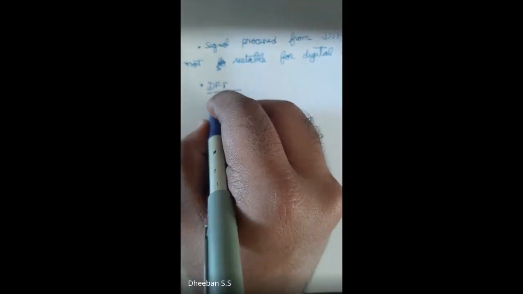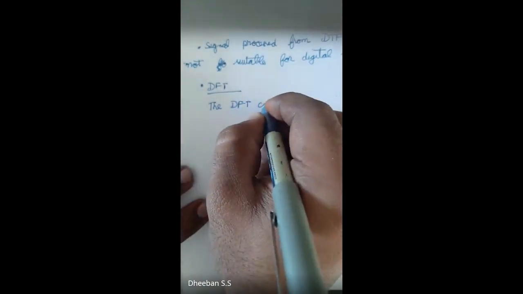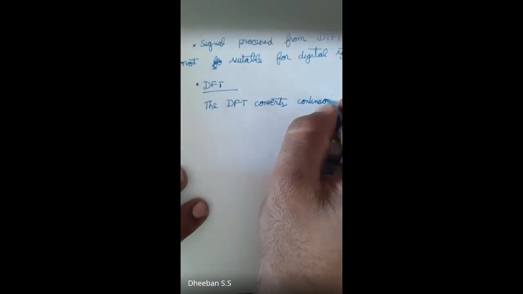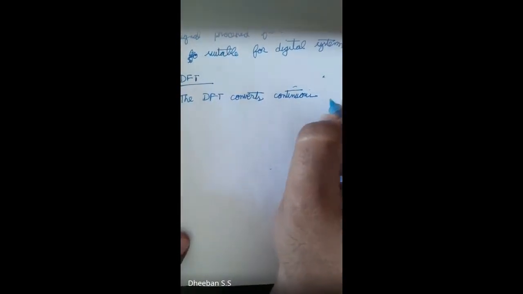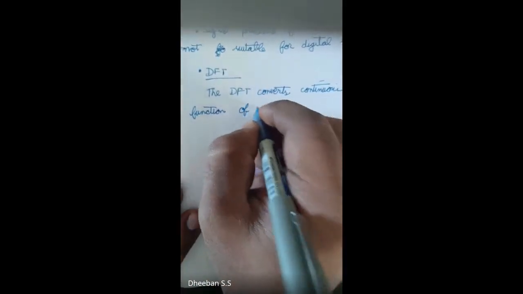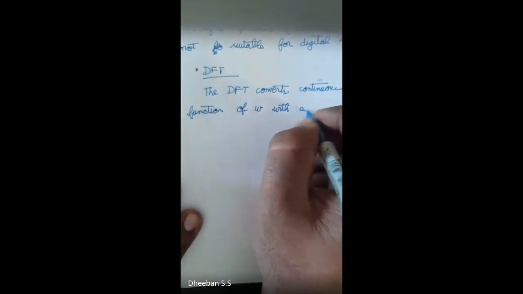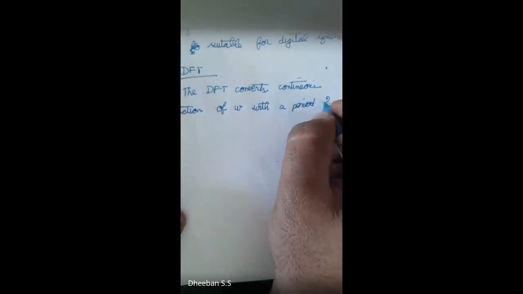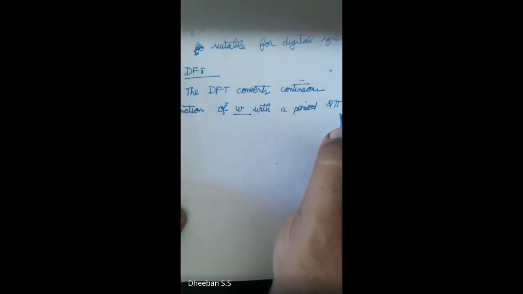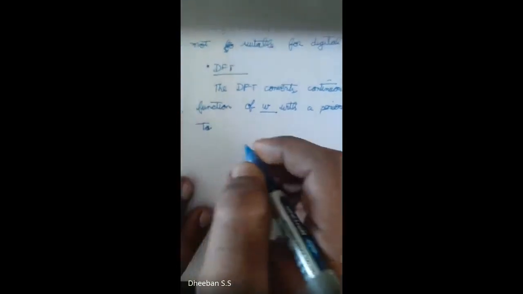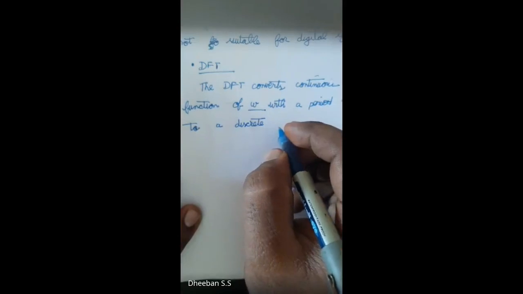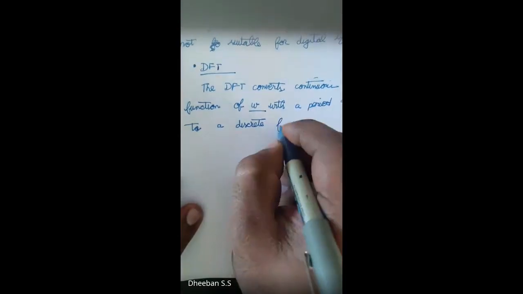The DFT converts the continuous function of omega, with period 2 pi, to a discrete function of omega.